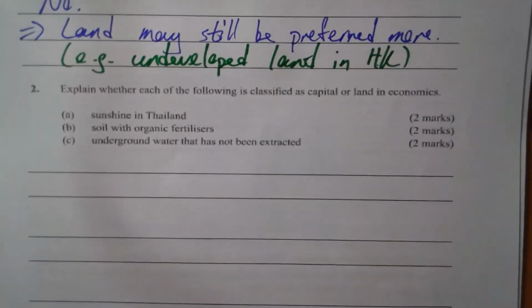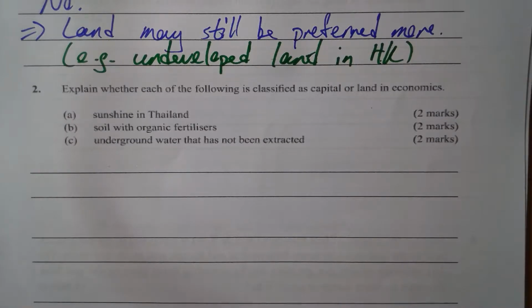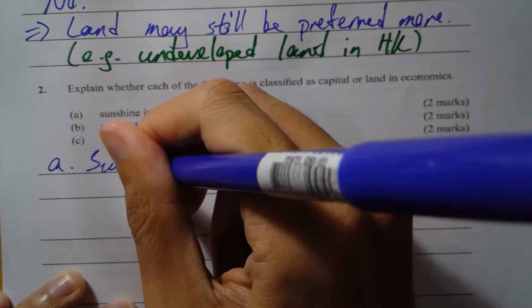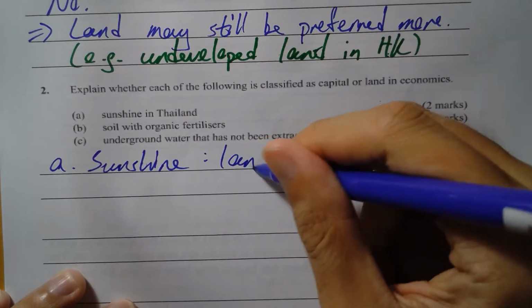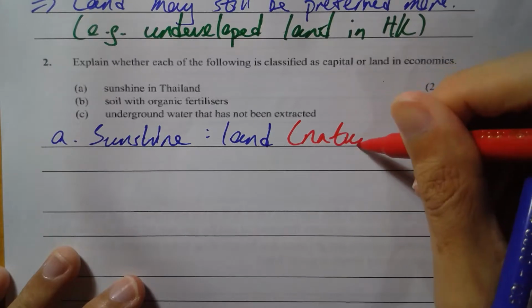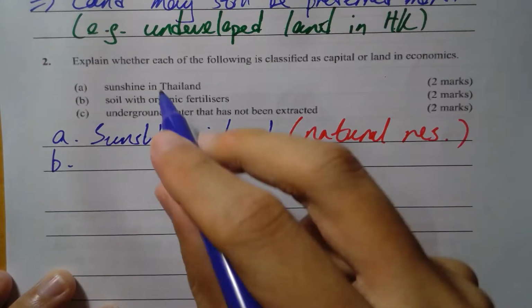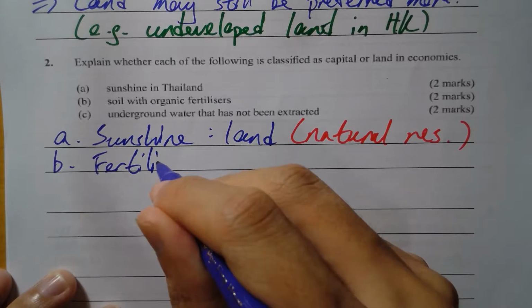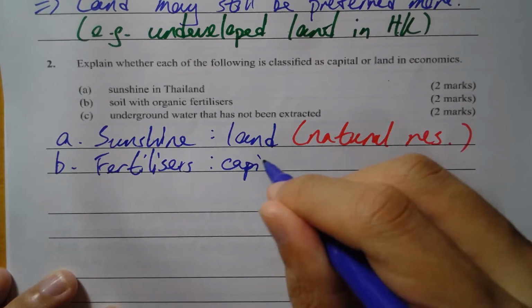Next, no need to waste time, this one is too easy. Whether classified as capital or land in economics. First of all, sunshine, what is it? Of course, it is land. The explanation is easy because it is a natural resource. B, soil with fertilizer. Whenever you see the word fertilizer, obviously this is going to be capital.